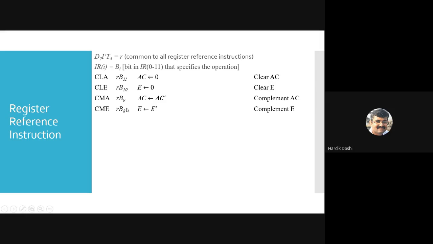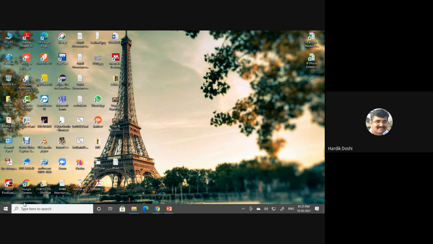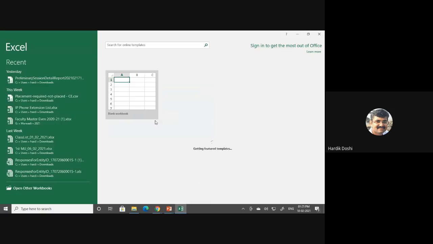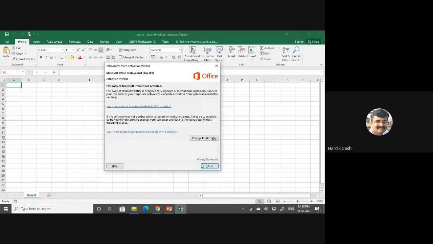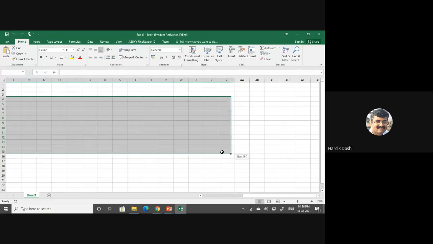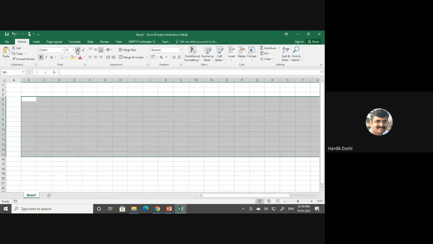Now the next instruction is CIR. Now this you have to explain to me. CIR, circulate right, occurs at RB7 time. But before teaching you this part, let us have an example. See this now.